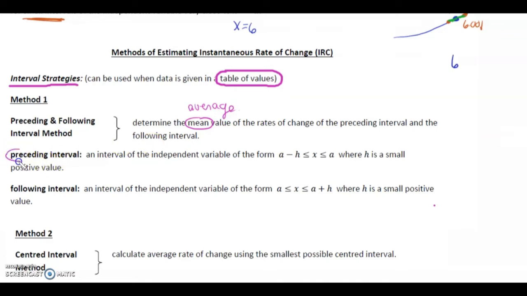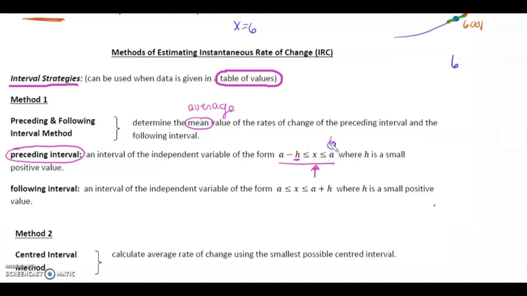So what is a preceding interval? A preceding interval is an interval of the independent variable of the form a minus h and a. So x is between some number, a minus h, and a.